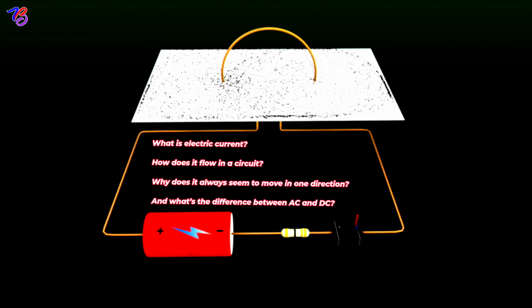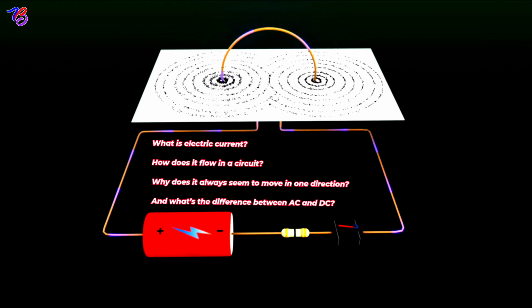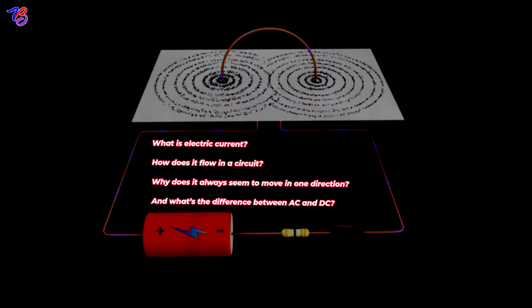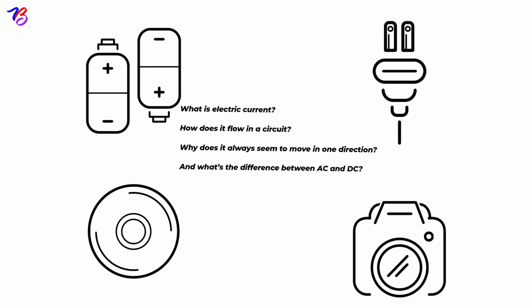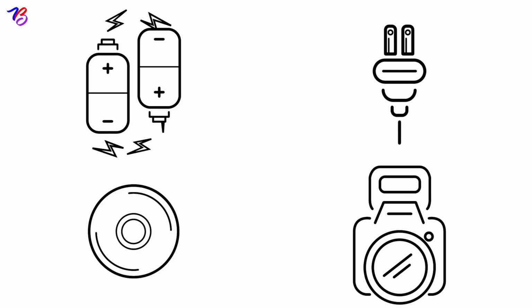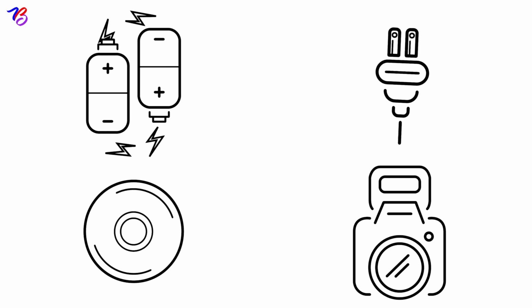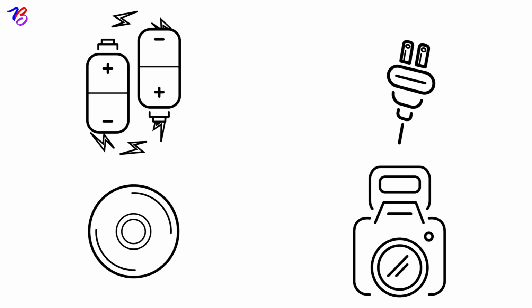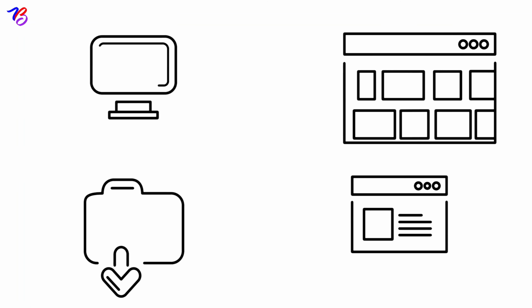The concept of electric circuit, open versus closed. Types of current: direct current, DC, and alternating current, AC. The real-world analogy: electric current like water flowing in pipes.